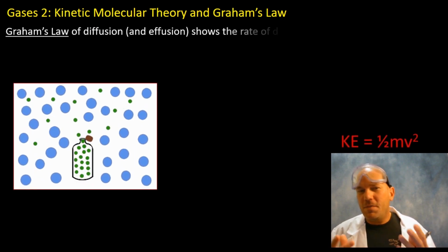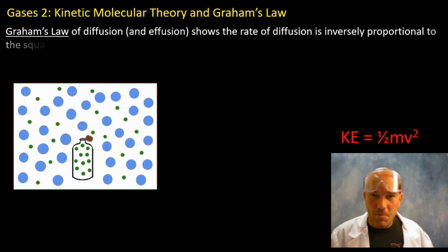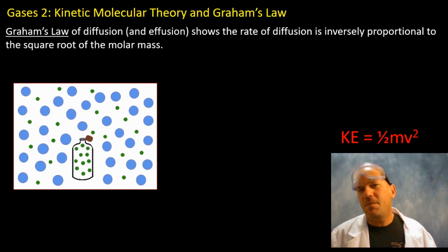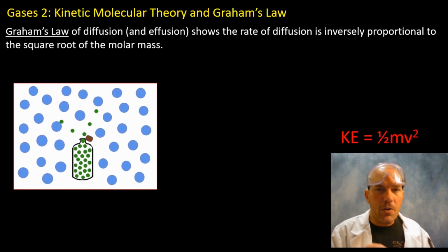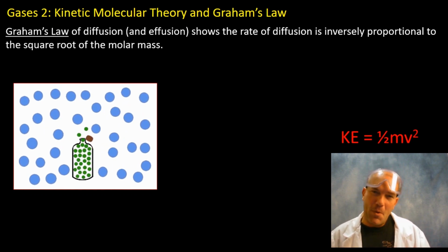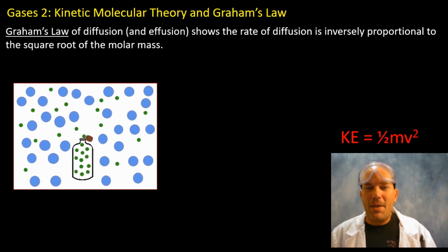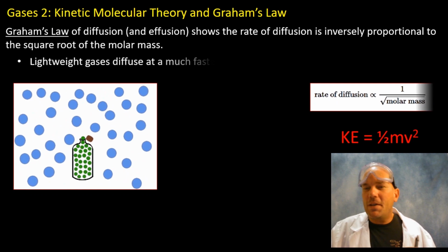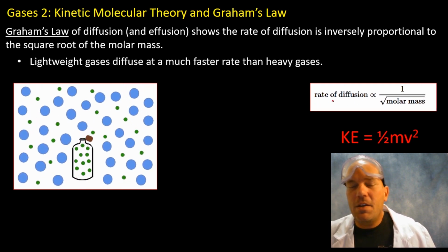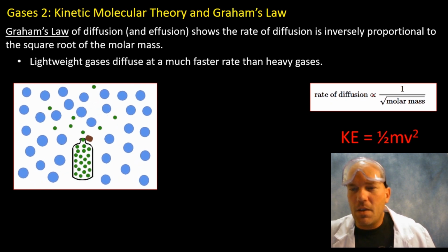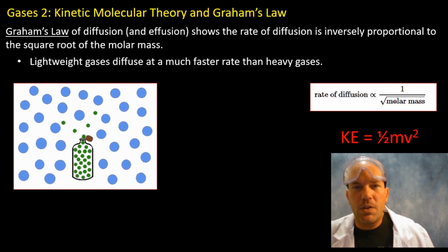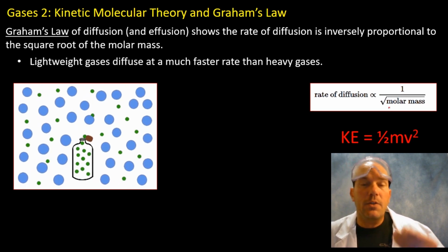Graham's law of diffusion, and diffusion, which I'll define in a moment, shows that the rate of diffusion is inversely proportional to the square root of the molar mass. So mathematically, this would be expressed as you see right here. So the rate of diffusion is proportional to 1 over the square root of the molar mass in grams per mole.